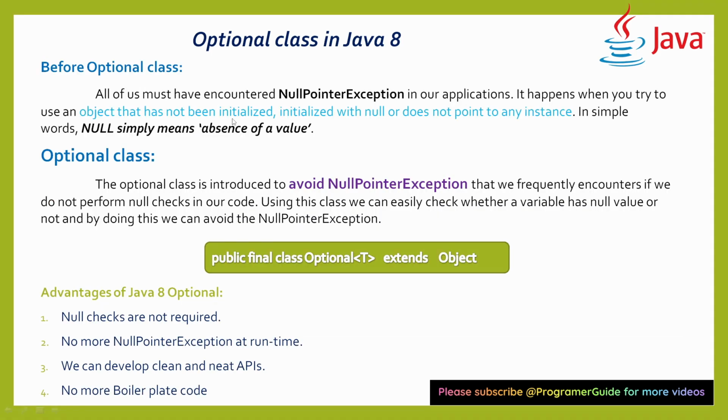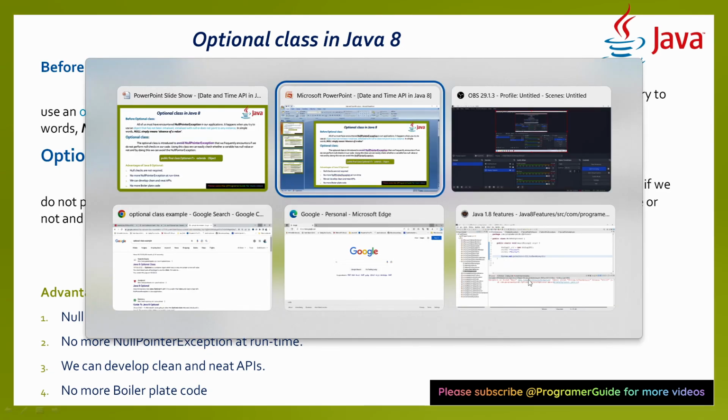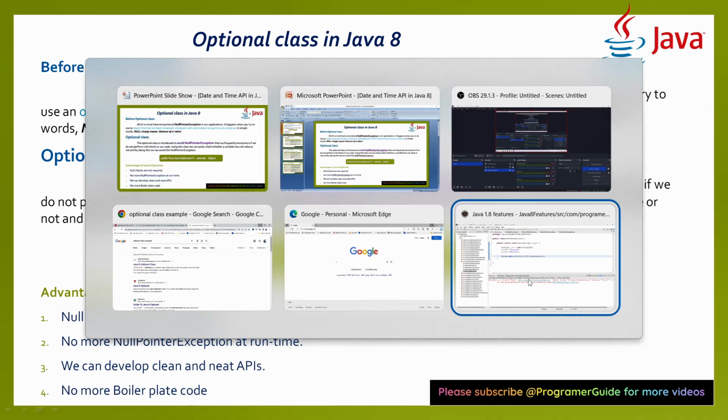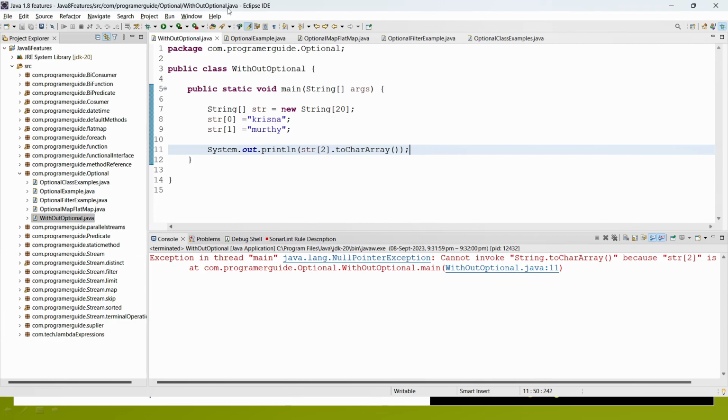As I told you, how the NullPointerException is encountered and how the Optional class overcomes it, we will see in the examples now. Without the Optional class, I have created a new String array of 20, so 20 indexes, and at index 1 and 2 I have given Krishna and Murthy. This is my name.